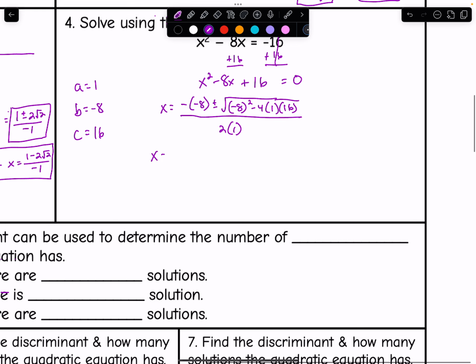So that's going to simplify to 8 plus or minus the square root of 64 minus, this time, because I have a negative times a positive times a positive, when you multiply those together, you end up with a negative. So now it's minus 16 times 4, which is 64, all over 2.